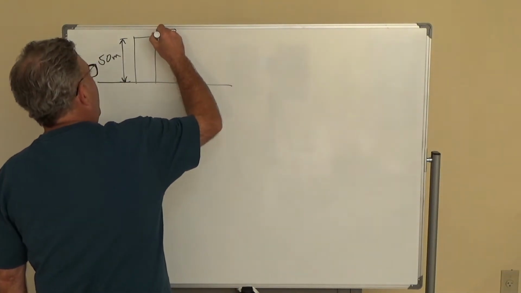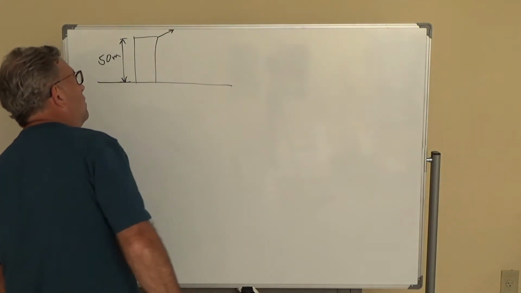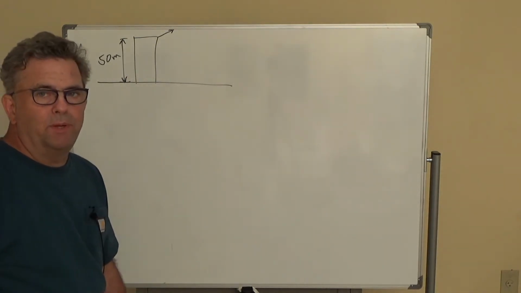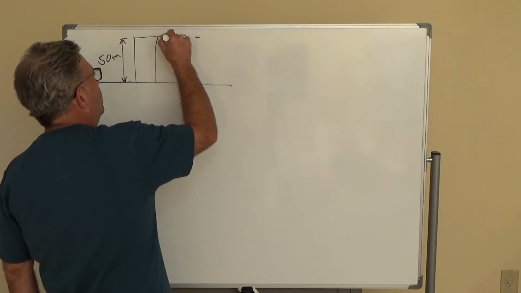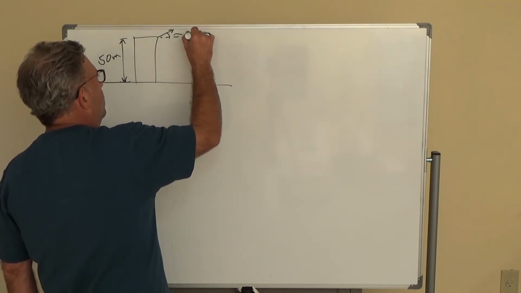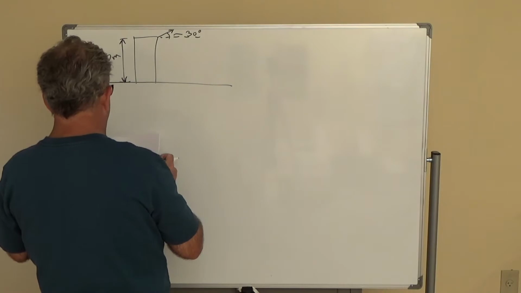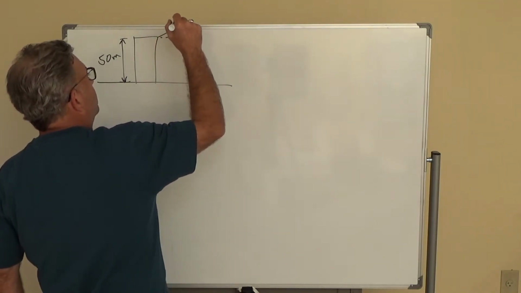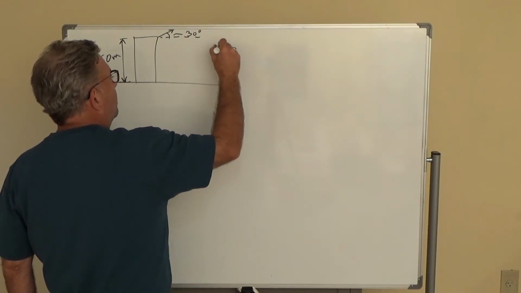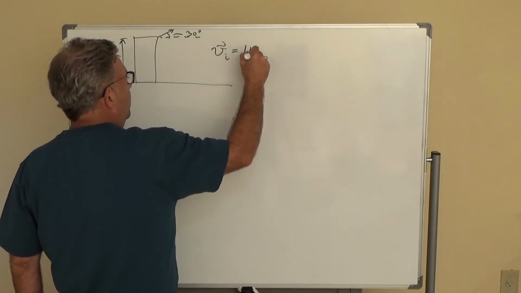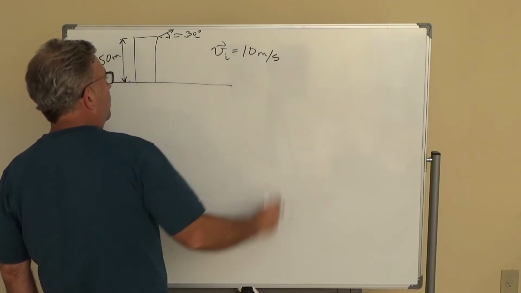Let's say that an object is launched from the top of the building somehow, and this angle is 30 degrees, and V initial is equal to 10 meters per second.